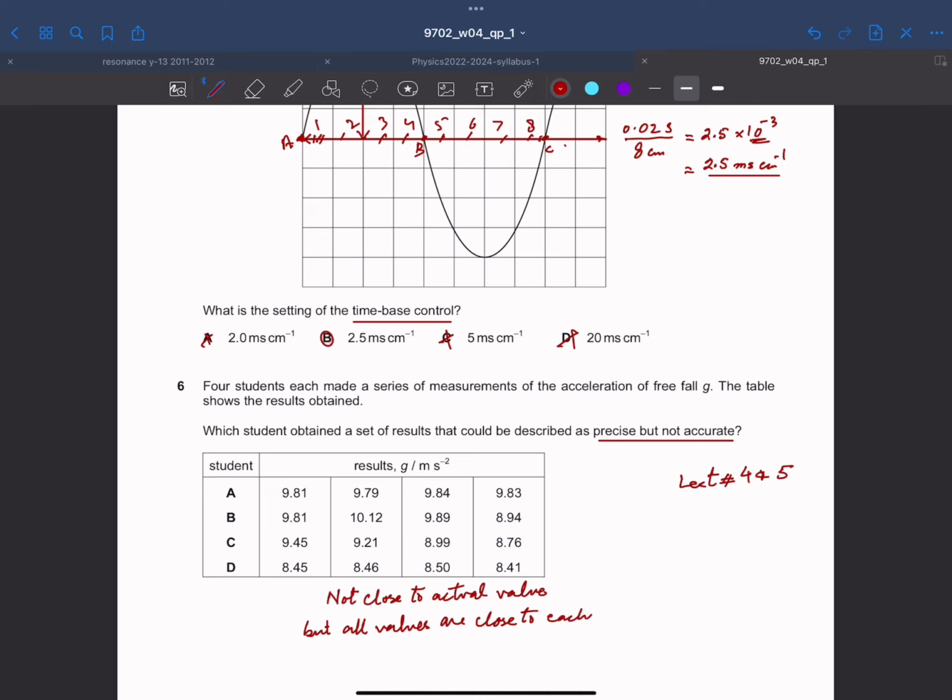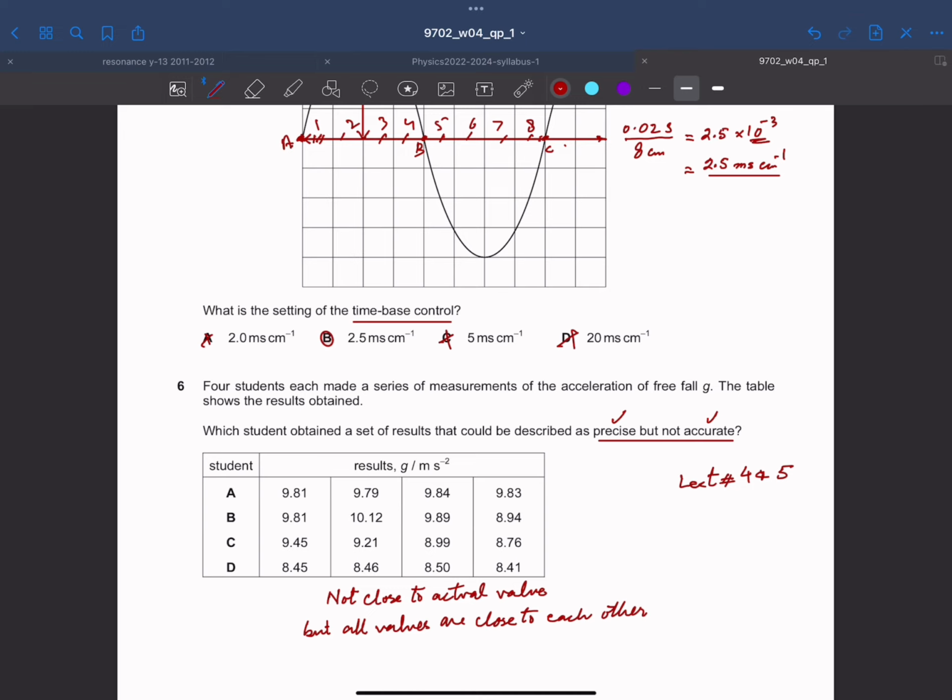If you will have this situation, then you can say that you will have a reading or measurement which is precise but not accurate. That is, if you have a target and you are not achieving that target, but all your values are close to each other, then you can say that you have a precise reading, a precise measurement.